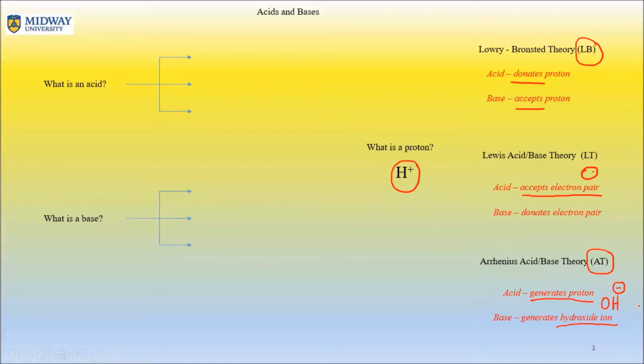So let's summarize everything on the screen, starting with what an acid is. If you're defining it from a Lowry-Bronsted perspective, which is what the LB stands for, an acid is a substance that donates a proton. An acid is a substance that accepts an electron pair if it's Lewis acid-base theory, and it generates a proton if you're speaking from an Arrhenius perspective.